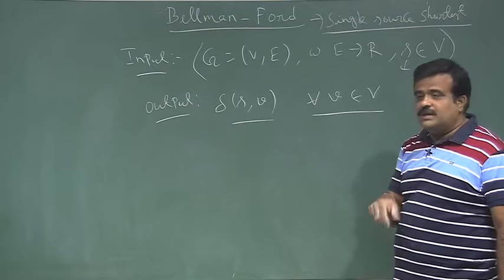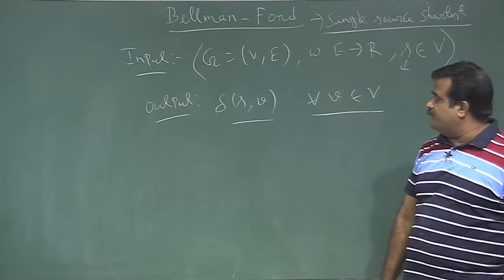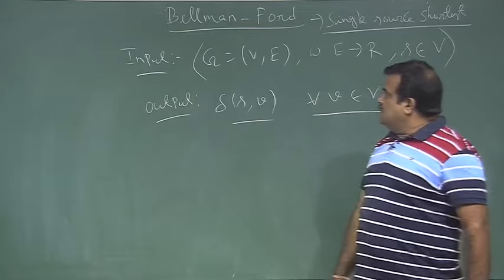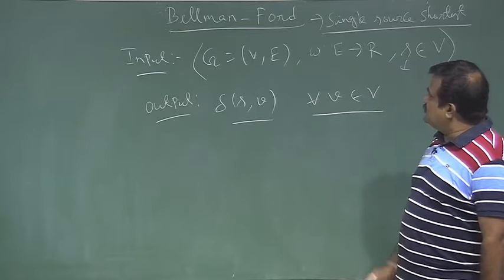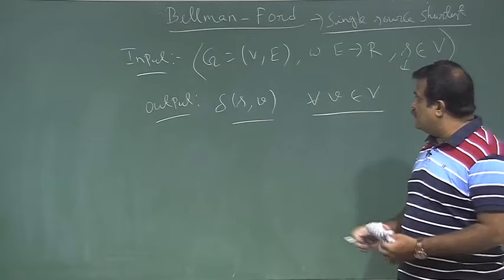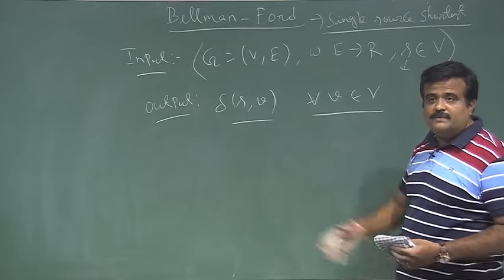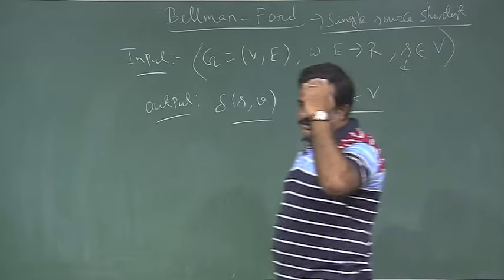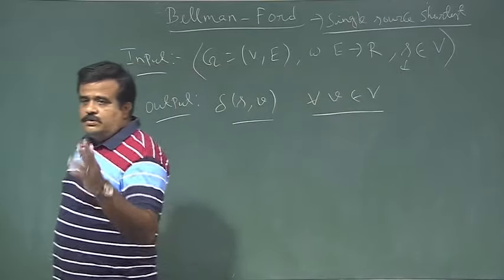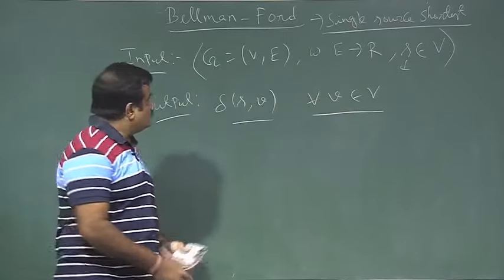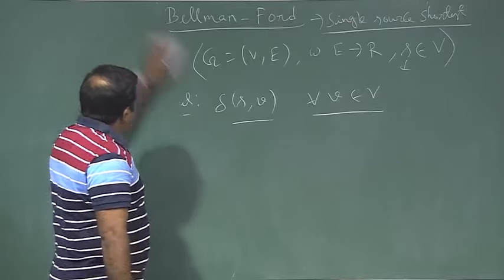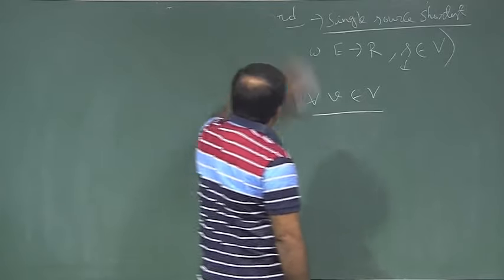Otherwise there will be a negative cycle, and you have to report the negative cycle. So this is the Bellman-Ford input and output. Bellman-Ford should be able to report a negative cycle, because here there is a chance of one. Okay, so let us write the pseudo code for the Bellman-Ford algorithm.